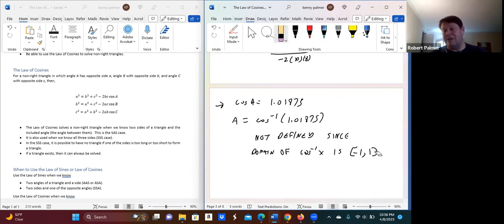Since it's outside that domain, outside that interval, it's not possible. So that tells you this is not a triangle.